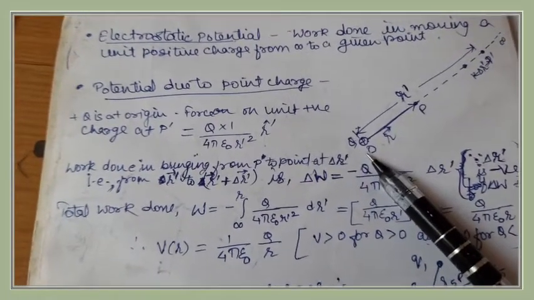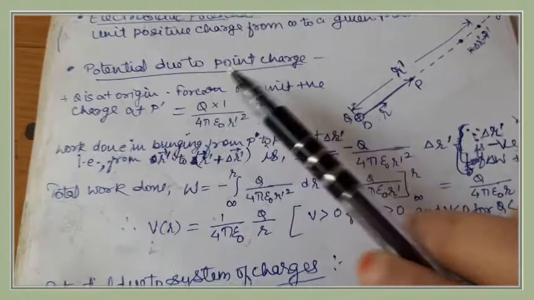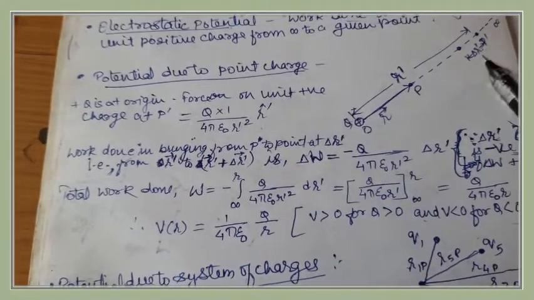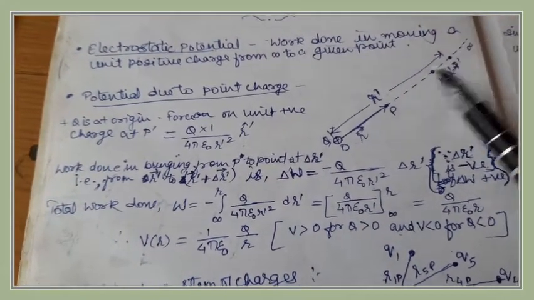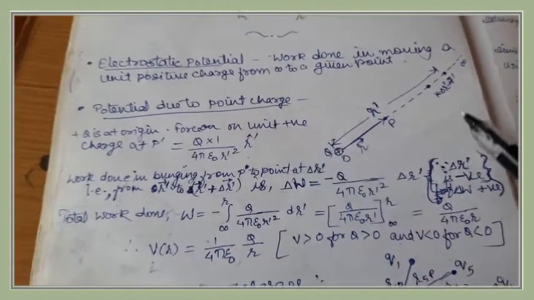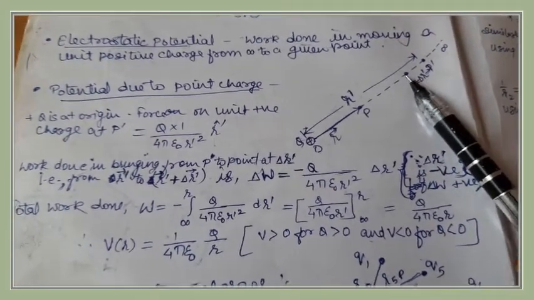Suppose our charge plus q is placed at the origin, and a unit positive charge means having a magnitude of plus 1 coulomb.